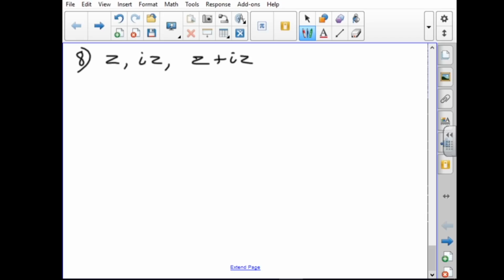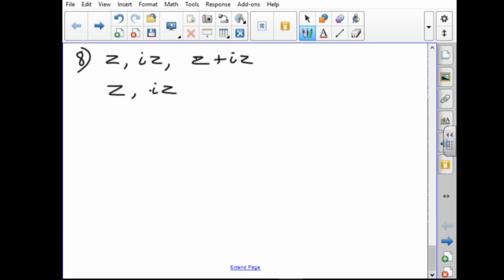So, here we have Z and iZ as the vertices of the triangle. You should know that when Z is multiplied by i, it becomes iZ. When a complex number is multiplied by i, it is rotated 90 degrees in the anti-clockwise direction.